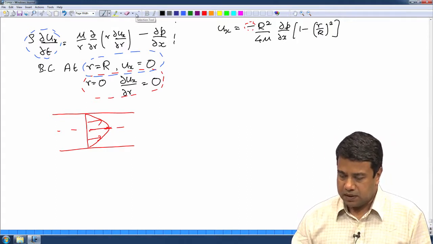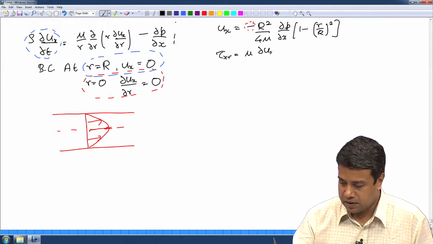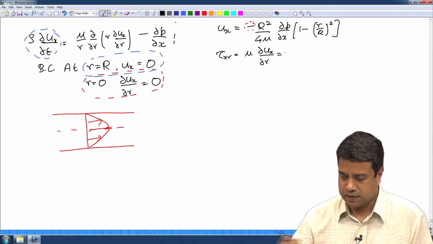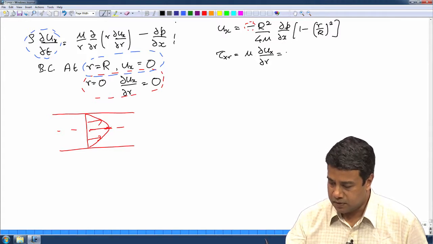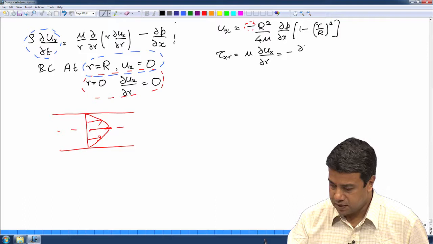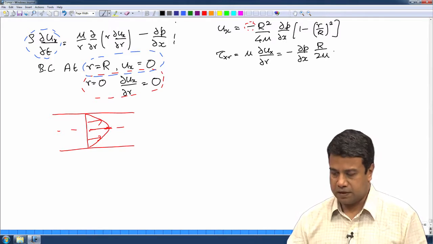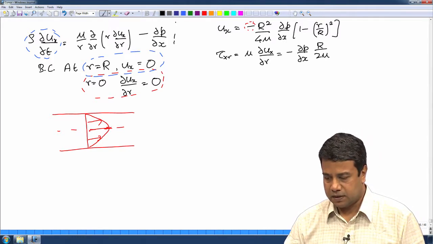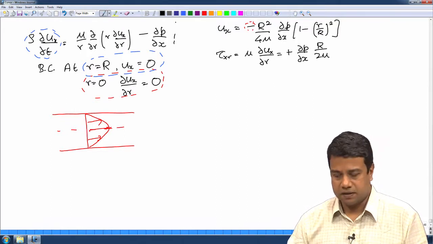Now, you can calculate the shear stress, tau x r, equal to mu times partial ux by partial r, which should be equal to minus partial p by partial x into r by 2 mu. I am sorry, I should have a positive sign here. So, let us just work it out.